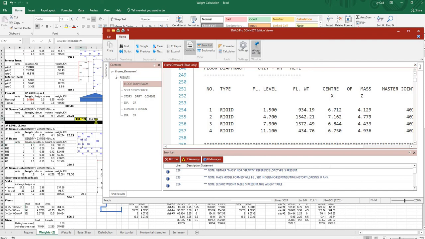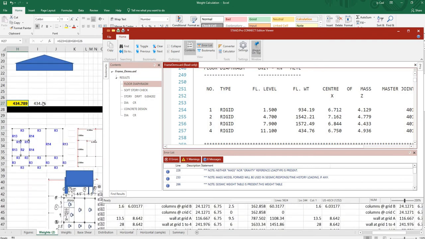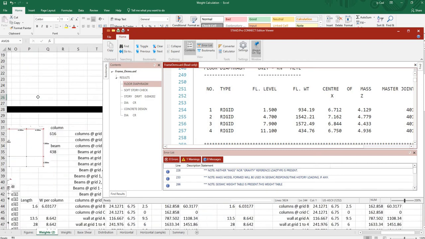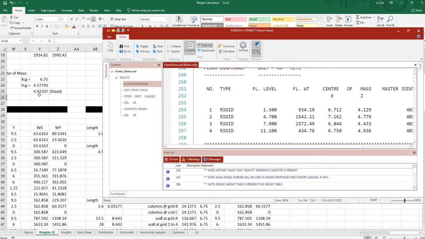Ayan, 434.789. So, konti lang ang diferensya. And then, yung center of mass, X sub G, is 6.75. So, parehas tayo, no? Tapos, yung center of mass, yung z-coordinate niya, is 4.936.